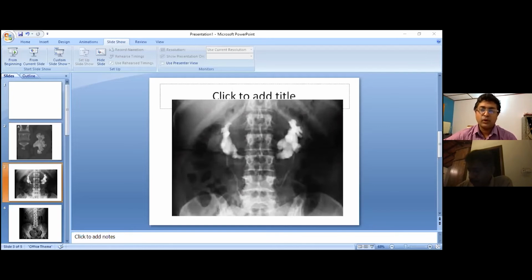Definitely PCNL or the open surgery are going to be the two main options I'm going to use for these patients. Right. If you are going to do PCNL, how do you position this patient? I'll do prone PCNL, because that will give me a greater access area and more freedom in puncturing into the preferred position.